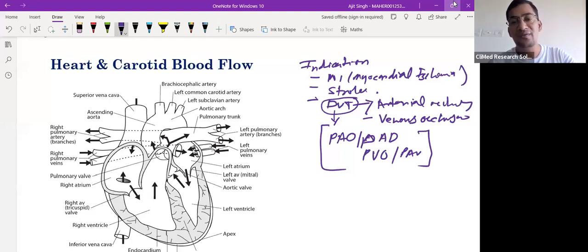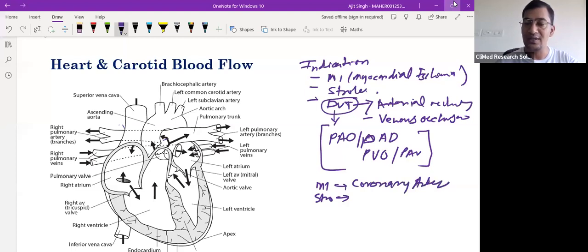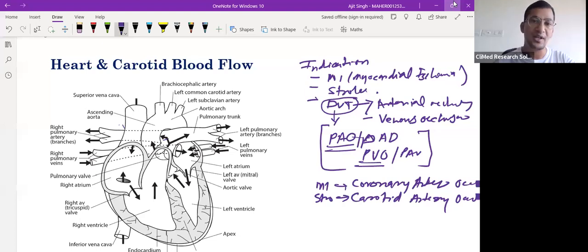And MI and stroke are two different systems. MI is related to coronary arteries, and stroke is related to carotid artery occlusion. This is coronary artery occlusion. This is peripheral arterial occlusion or peripheral venous occlusion, that is DVT or peripheral arterial disease, PAD or PVD.